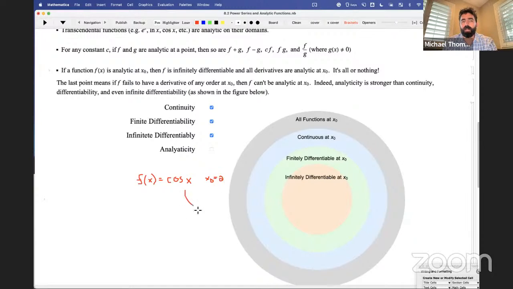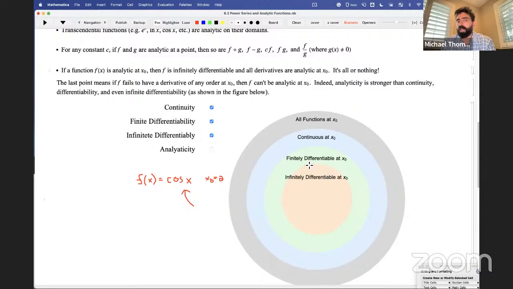So my question for you is, how many times can we differentiate this function? Infinitely many. You can differentiate as many times as you want, and then you could plug in a 2 into all of those values, and it makes sense. So I would say that this is an infinitely differentiable function at 2. Okay, so that would lie in the orange area.